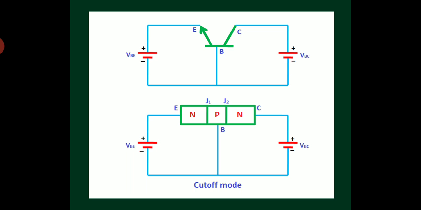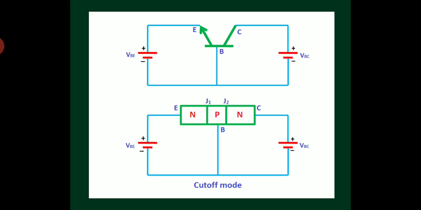The voltage source VBE is the voltage applied between base and emitter. Here the positive terminal of VBE is connected to the N-type emitter region, and the negative terminal is connected to the P-type base. It forms reverse bias.